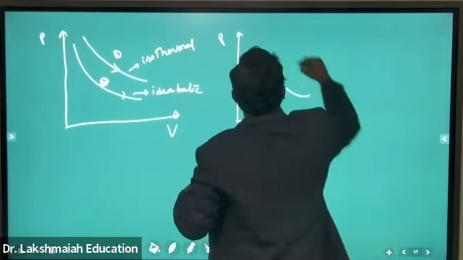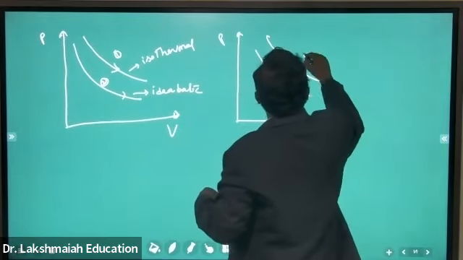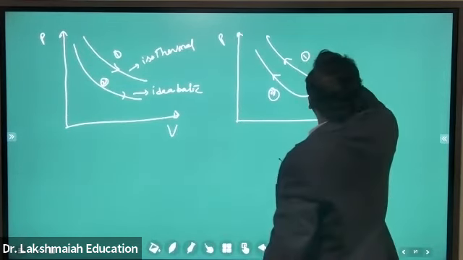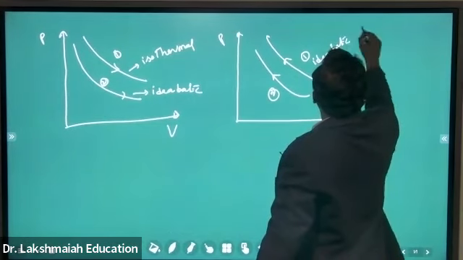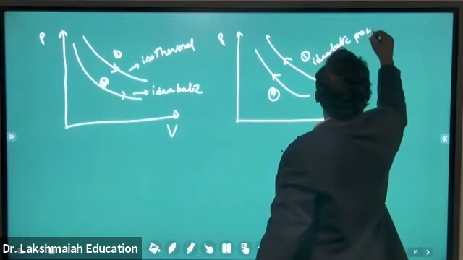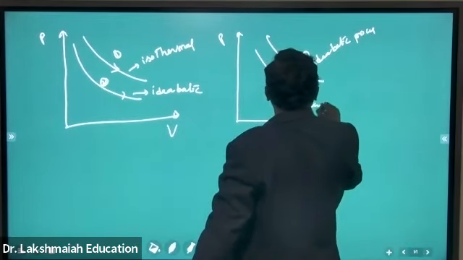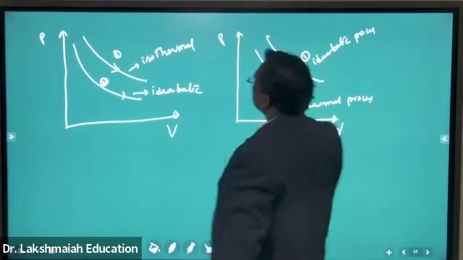Suppose they will give two curves like this, 1 and 2. In this case, 1 is the adiabatic process and this is the isothermal process.